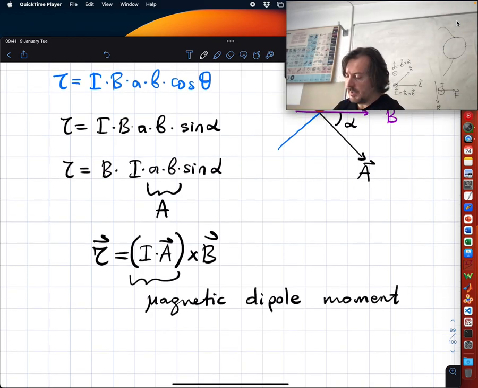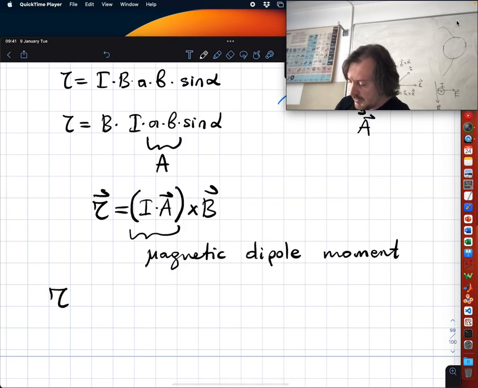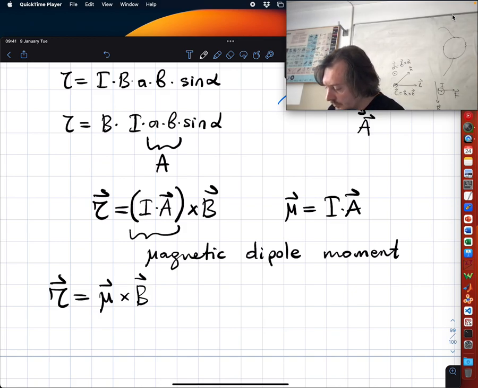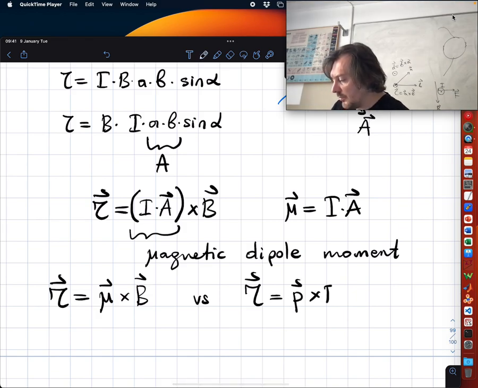So mu, magnetic dipole moment, is defined as I times the area of a loop. And as you can see, it's mu cross B. And you can compare it to electric dipole moment, in which case it was P cross E. Do you remember? This was electric dipole moment.